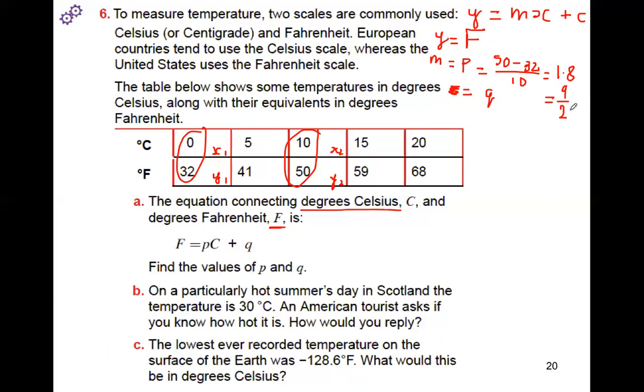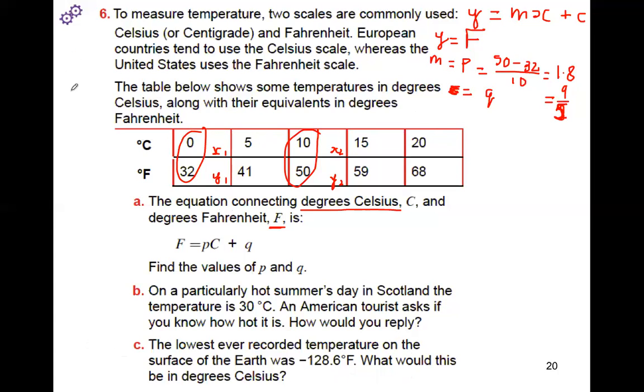Is that 9/2? No, I got 9/5. Over 5, yes, sorry. Yeah, 9/5, or 1.8. But in any way, you found P, and the next one is to find Q. So for Q, we said it's the y-intercept, and the y-intercept happens when x equals 0.